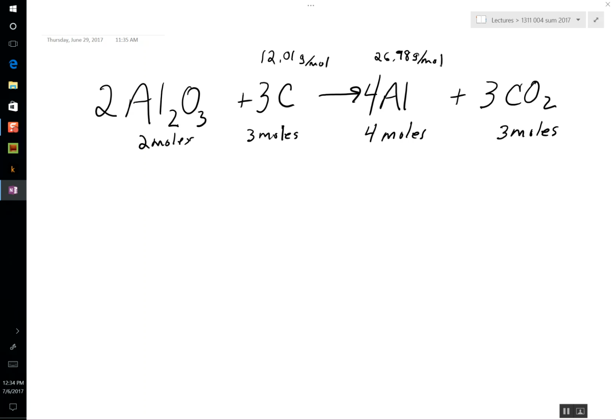So it's irrespective of the coefficient. 101.93. And carbon dioxide, 2 oxygens is 32. And at 12.01 is going to be 44. All right, there's our molar masses.